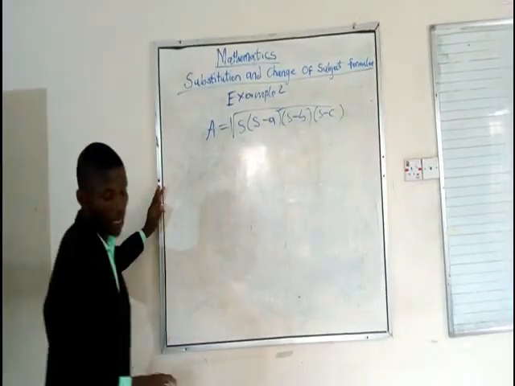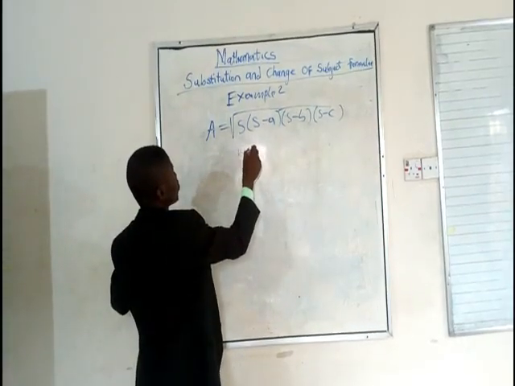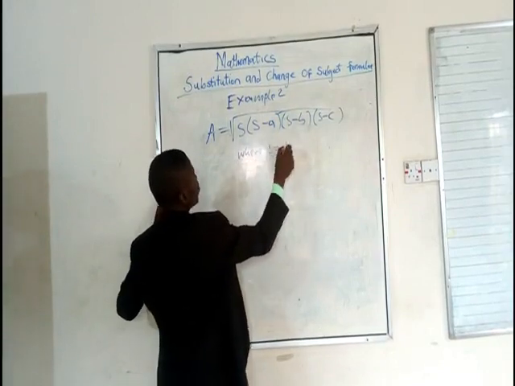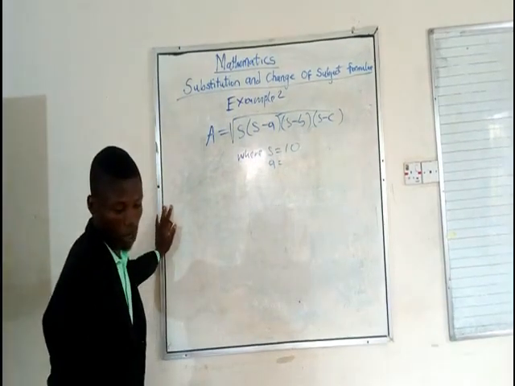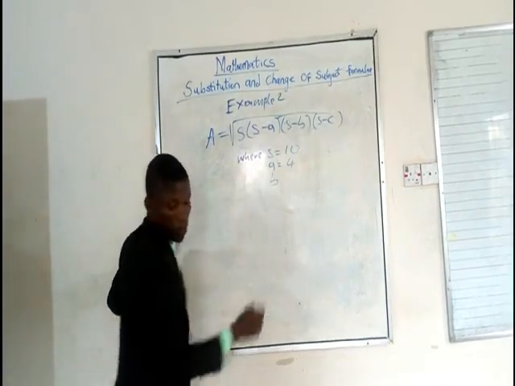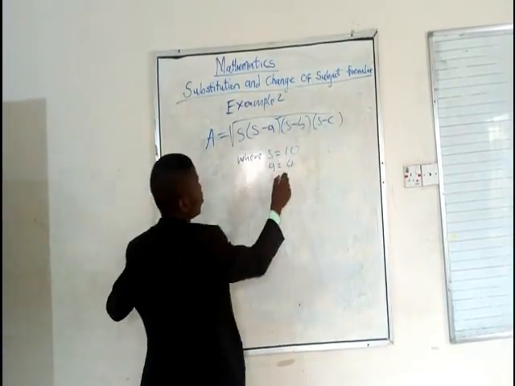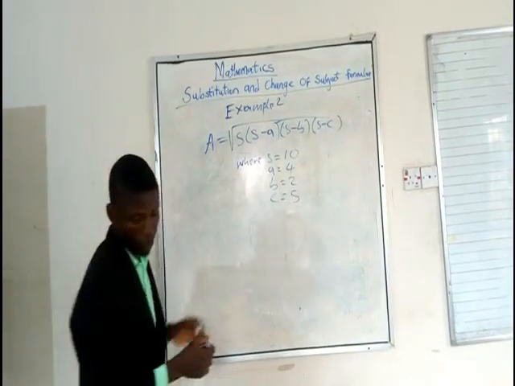They ask us to find A where s equals 10, a equals 4, b equals 2, and c equals 5.